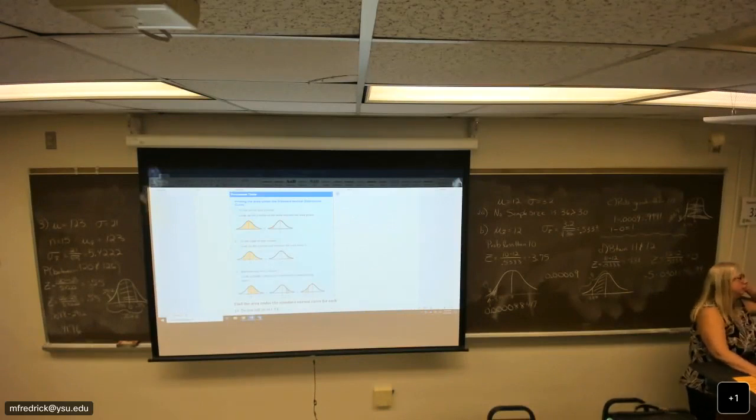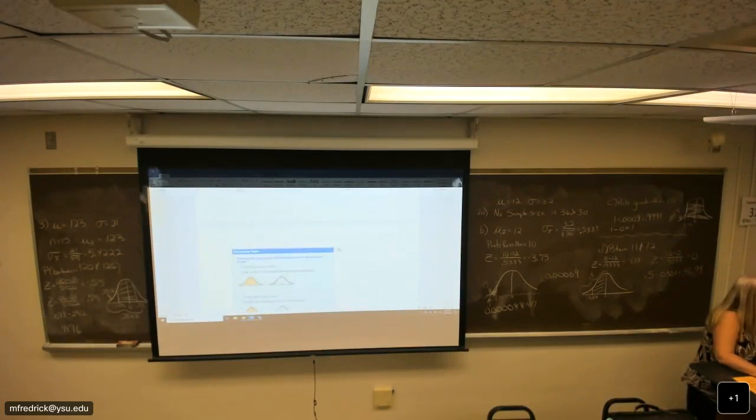To the left, when you look it up in the table, that's the area you use. To the right, subtract from 1. In between, you subtract them. So this procedure table, which is in the outline that I have online, will help you.